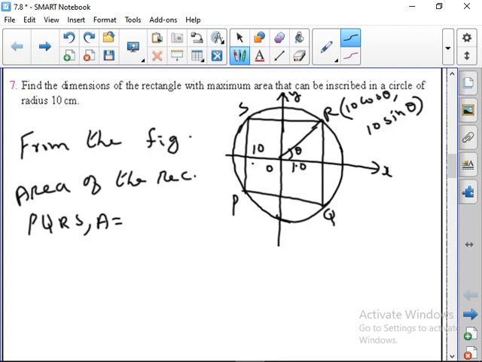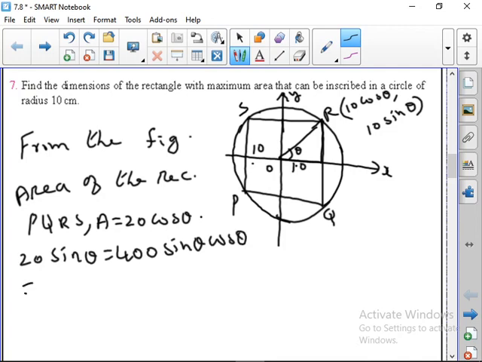The point is this one, 10 cos theta and 10 sin theta. Here the area of a rectangle is length into breadth. So we have 20 cos theta into 20 sin theta, which is equal to 400 sin theta cos theta.